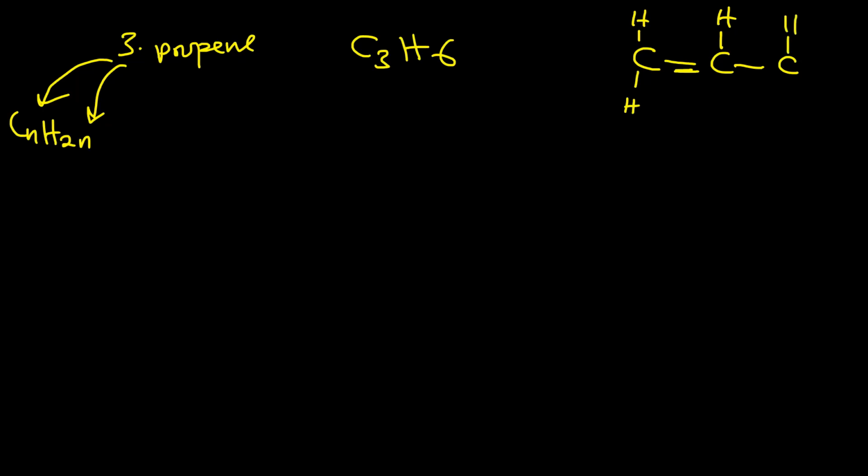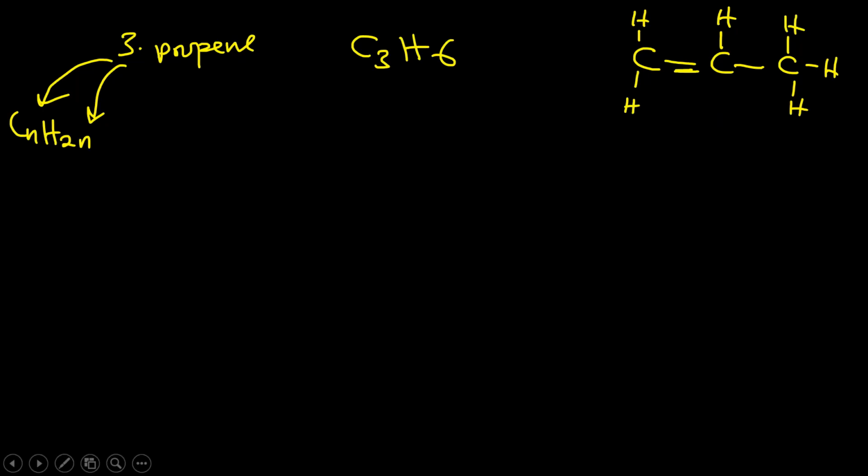Then this one is bonded to 1, so you need 3 hydrogens. So make sure that each carbon is not bonded to more than 4. For example, if we were to put a hydrogen here, this will be wrong because this carbon has now been bonded to 5, which is not true for carbon.